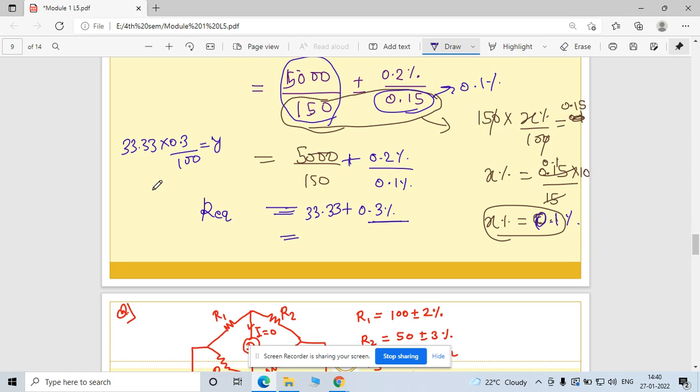When I solve this, it is nothing but 0.33 divided by, yes, 0.1 comes, almost. So this is your absolute error, right? So this reading is 33.33 plus minus 0.1 ohm.